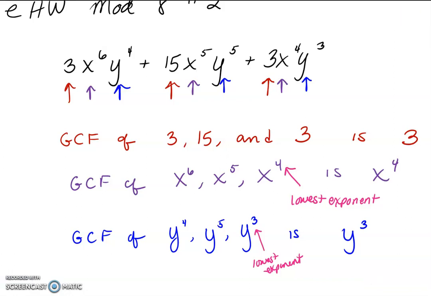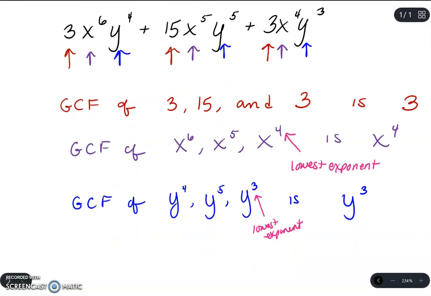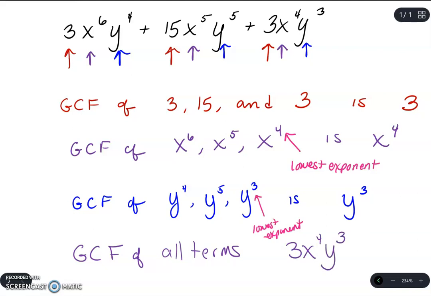I'm just going to write it down here. GCF of all terms together would be 3x to the 4th, y cubed. So that's the first part.